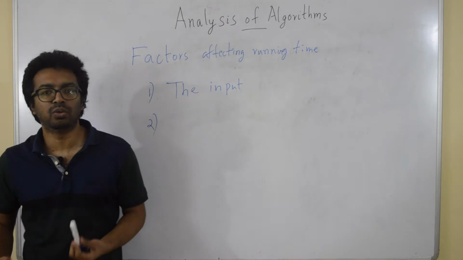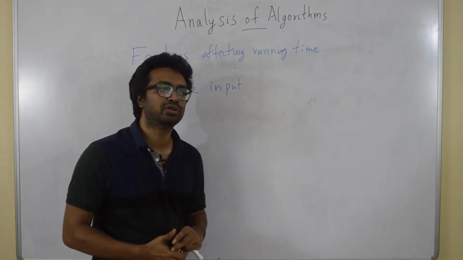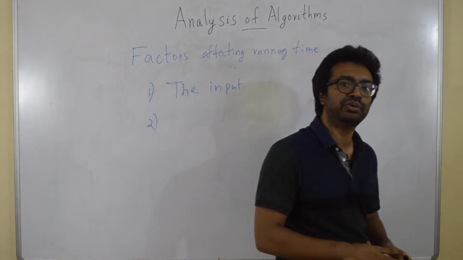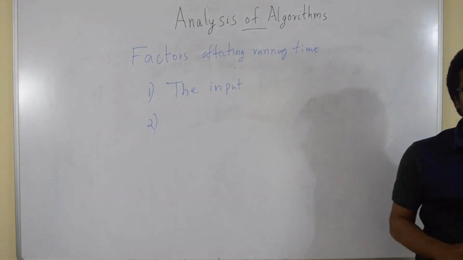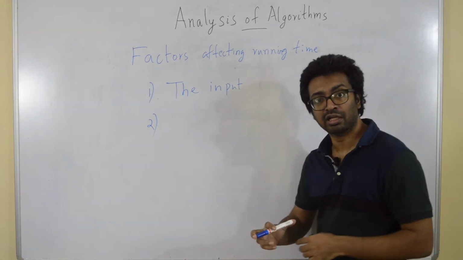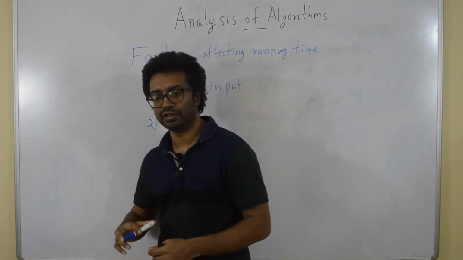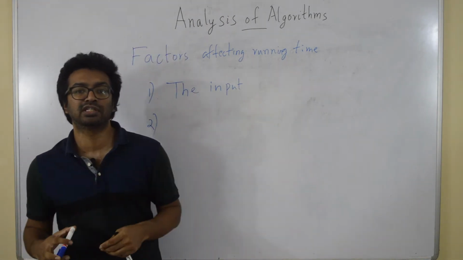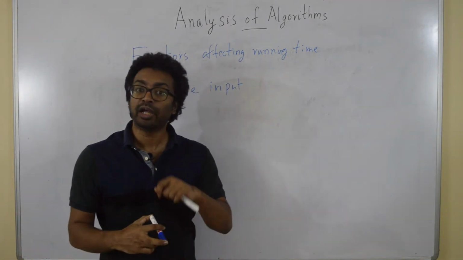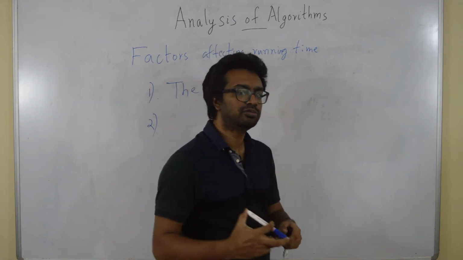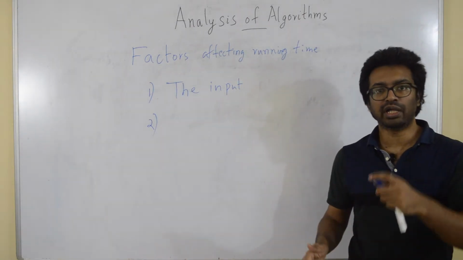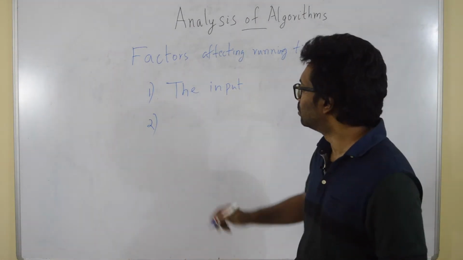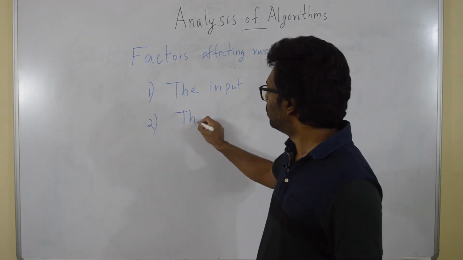Two. The next thing is how well you have written the algorithm, right? So it's the algorithm logic which you are going to apply. Have we used a binary search tree, or did we just use a linear search? So these are things which might influence the algorithm. So it's the algorithm choice, how good you have written the algorithm.